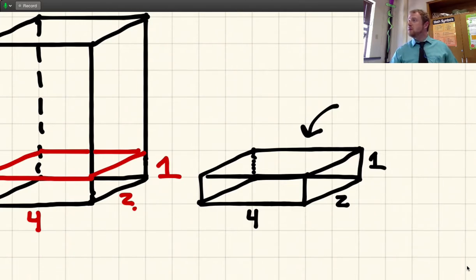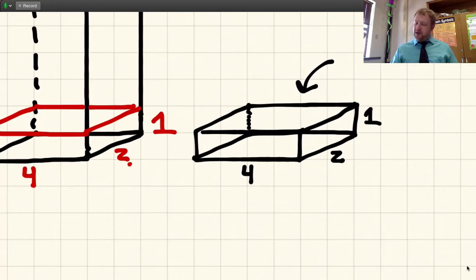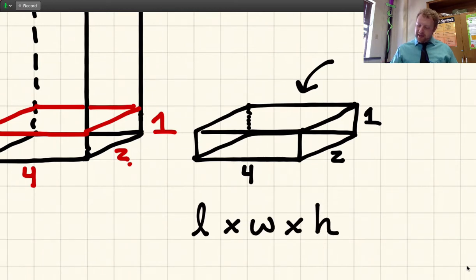What would it be? 7. No. Yeah. 8. It would be 8 units, and because it's volume, it's actually going to be units cubed. Well, if you want to find the volume of a cube, you do length times width times height.